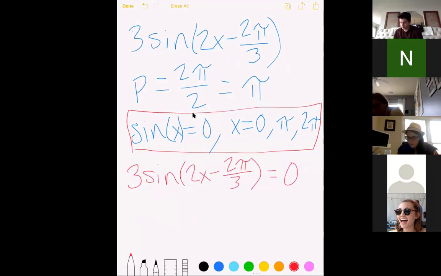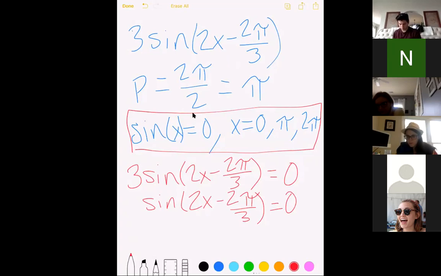And so this means that sine of 2x minus 2 pi over 3 equals 0 if you divide by 3. So really, since I know these values here in yellow are when sine of x equals 0, we're just going to try to get this part to equal each of those values.